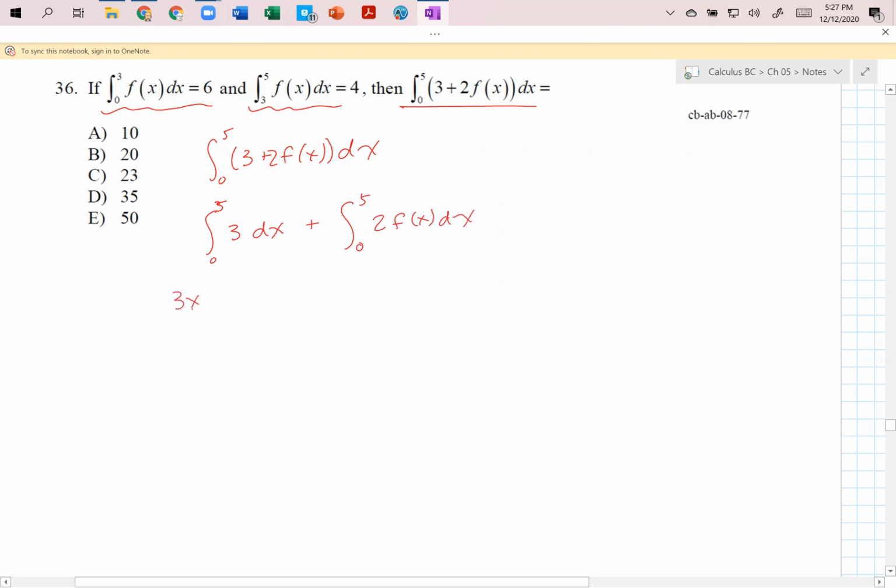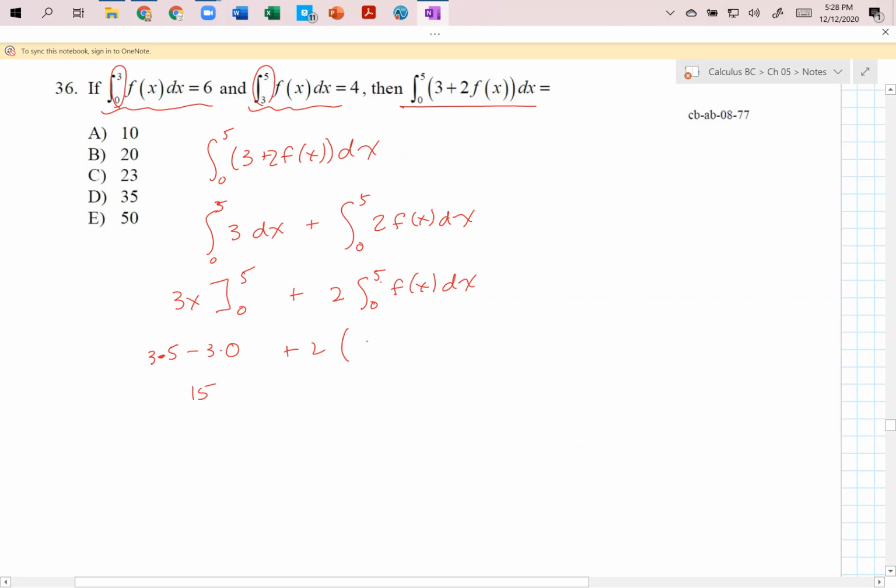The antiderivative of 3 is 3x, 0 to 5, which is 3 times 5 minus 3 times 0, which is 15. That completes that one. On this one, how about I pull out a 2, and then I'm going to note that from 0 to 5 is 0 to 3 and then 3 to 5.